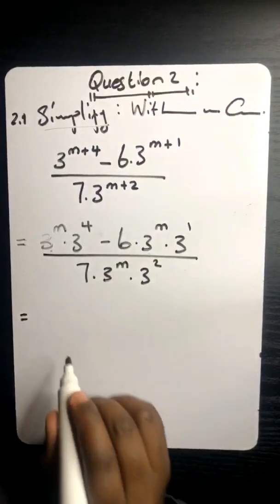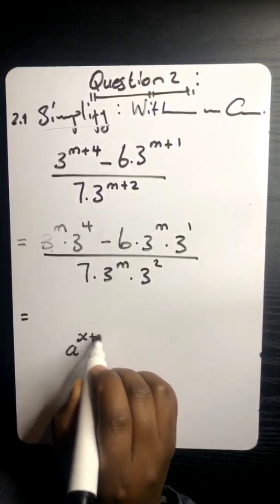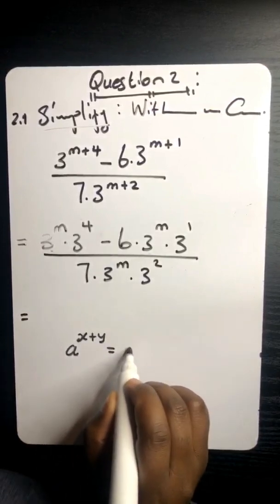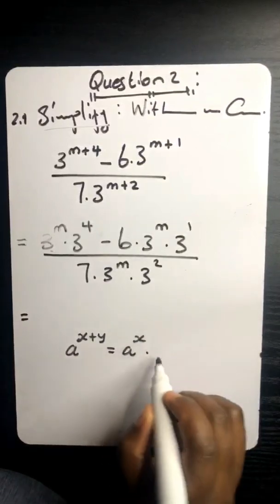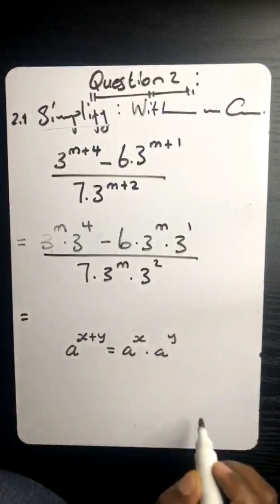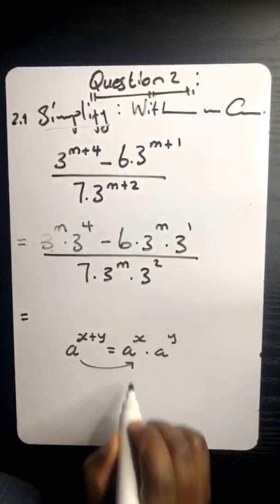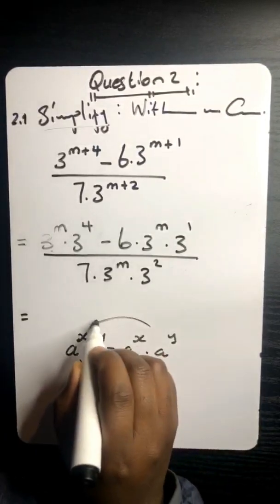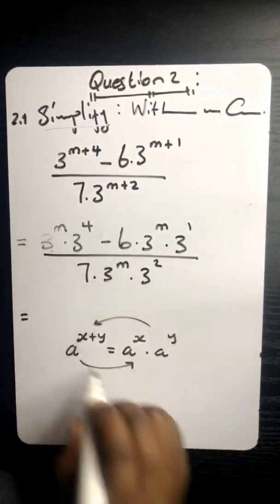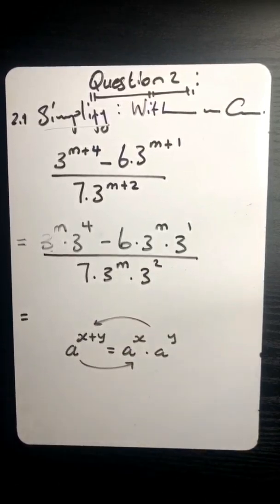Remember, guys, there's a law which says a to the exponent x plus y is equal to a to the exponent x times the same base a to the exponent y. So if you are given this, you can break it down into that. Otherwise, if you are given this, you can rewrite it as that. This law can be recycled.